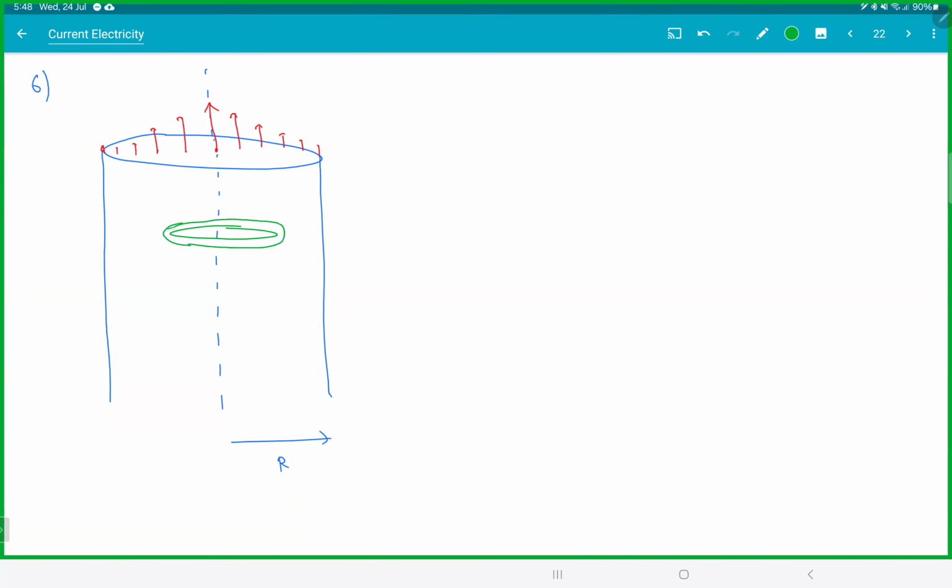You can't do directly J into area. So take a radius r and a small dr. So the current I would be integral J dA. This is J naught into 1 minus small r by capital R, into the area of that ring, which is 2 pi r dr. And this goes from 0 to R. This thing turns out to be J naught pi R square by 3. I'm just writing the answer. You can simplify it.